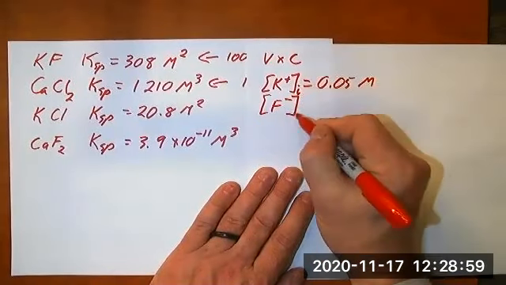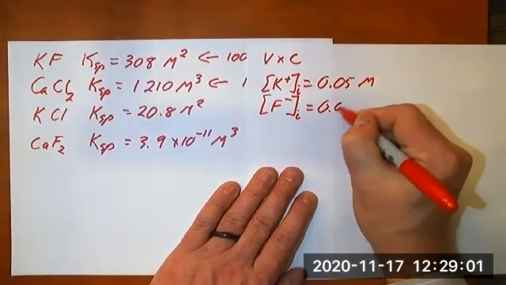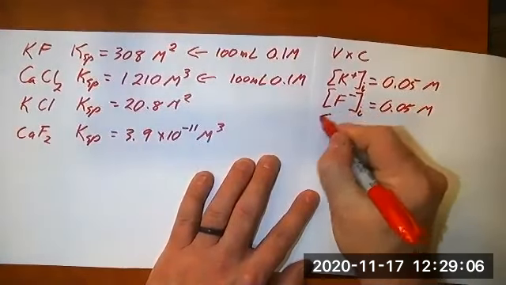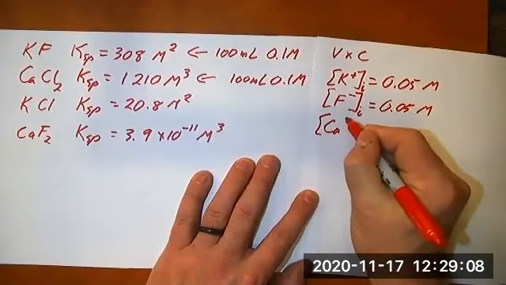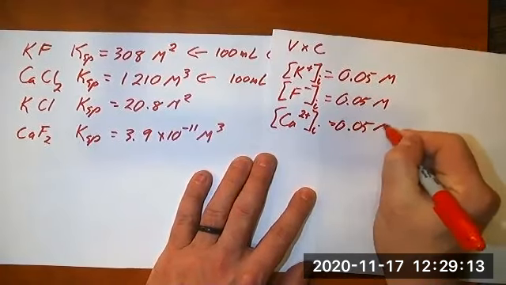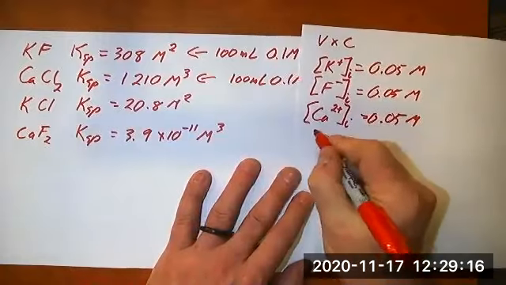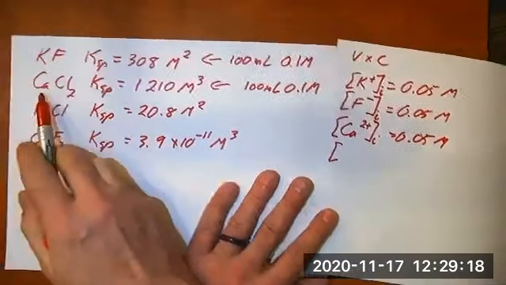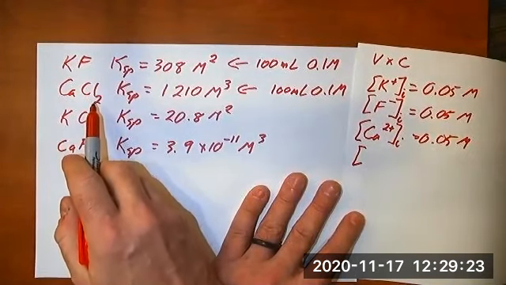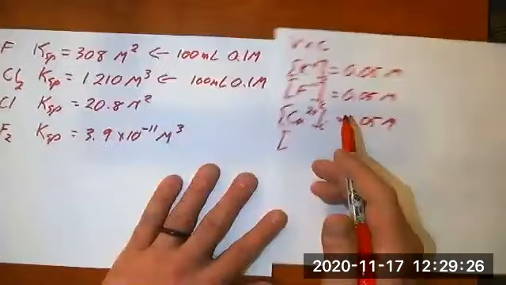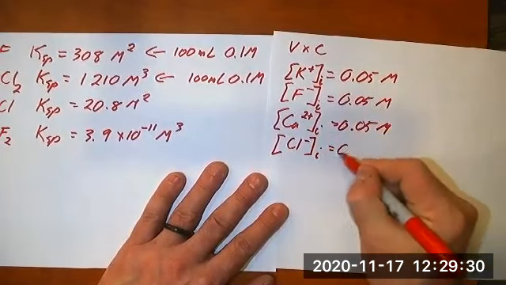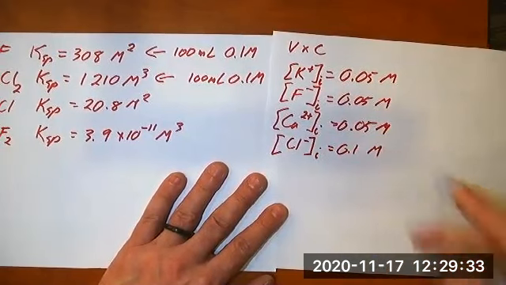I'm going to mark these with an I for initial, 0.05 molar. We can do the same thing with the calcium. Ca2 plus, initial, 0.05 molar. And the chloride, because of the stoichiometry, for every mole of CaCl2 that dissolves, you get 2 moles of chloride ions. So the chloride ion concentration, initial, is going to be 0.1 molar.